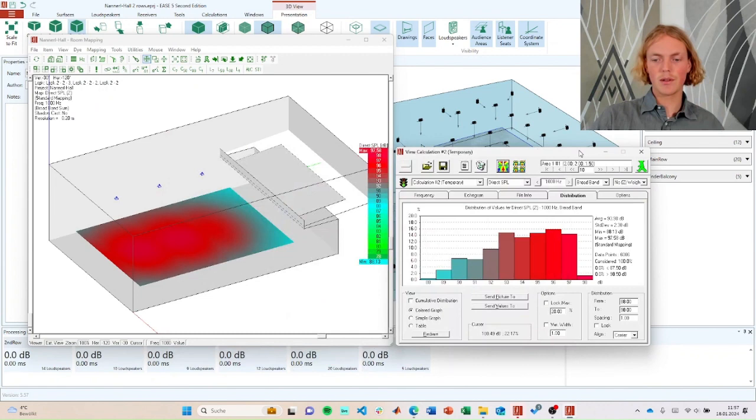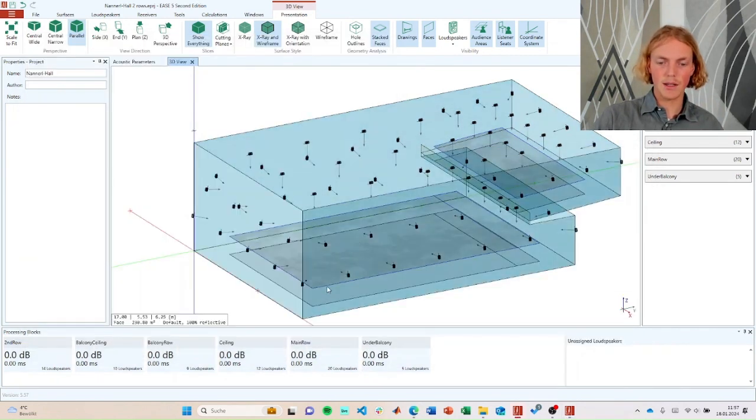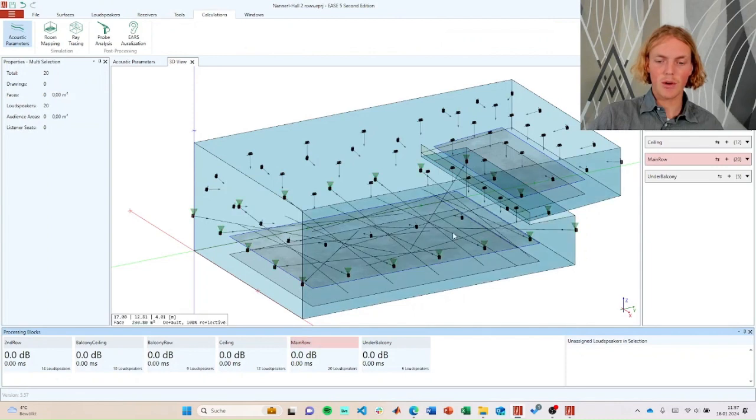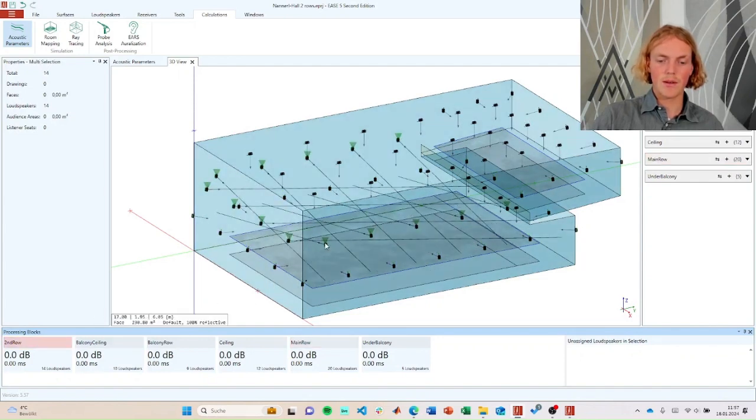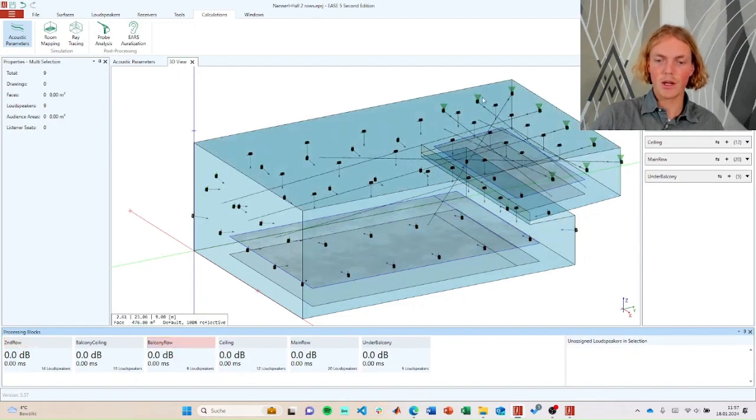Alright, so let's have a look at the model again. I already created some processing blocks. My first processing block was the main row, which are the wall speakers for the main room. The second row is then the second row of wall speakers. Then we have a balcony row, which are the wall speakers for the balcony area.